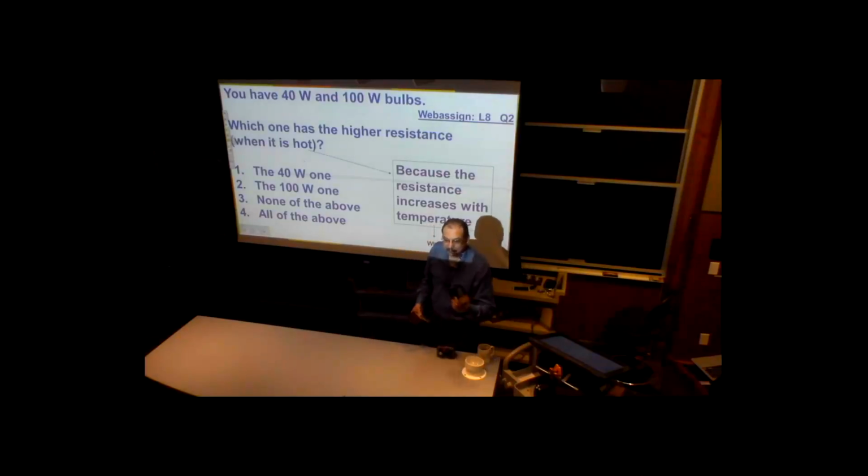Same as EMF is the internal property of the battery. If it's a fresh, new battery, it will give you 6 volts no matter what. You can connect 2 bulbs, 3 bulbs, 10 bulbs in any circuit you want. Still, this battery will provide exactly the same voltage, which, yes, 6 volts for this battery.